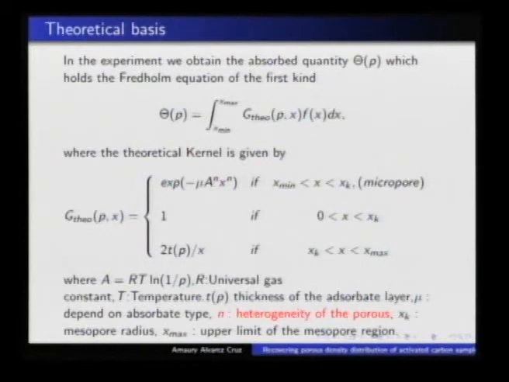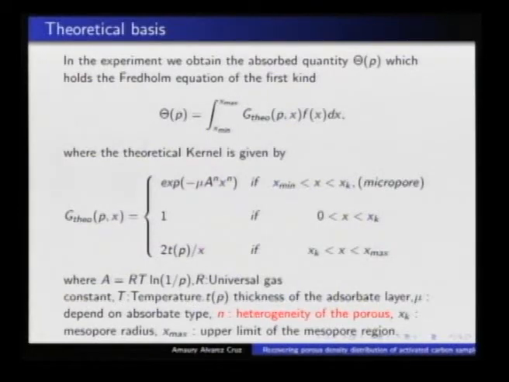In theory, the porous size distribution satisfies this integral equation. In this integral equation, on the left, we have the isotherm, measured, for example, in experiments. Inside, we have a kernel.